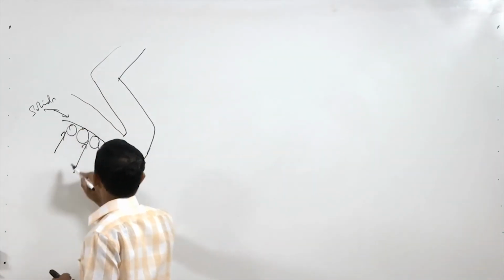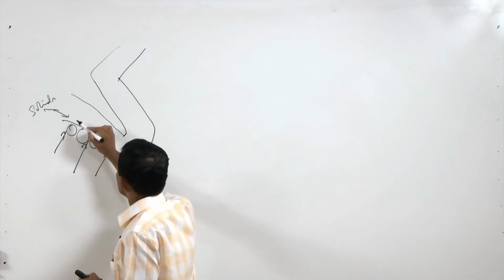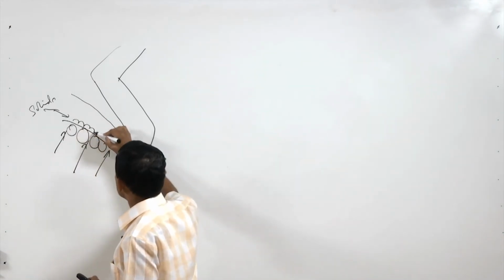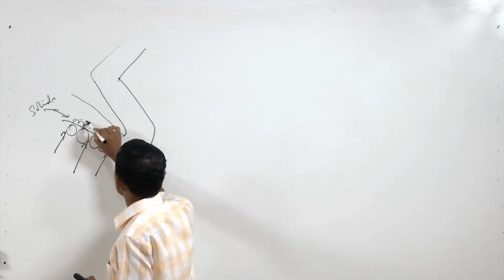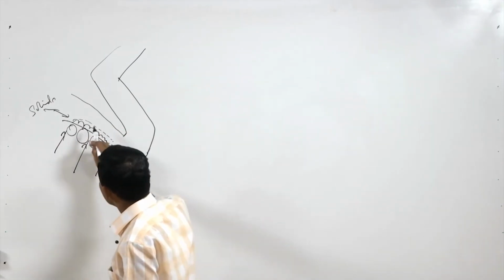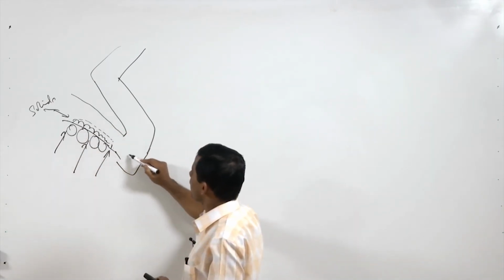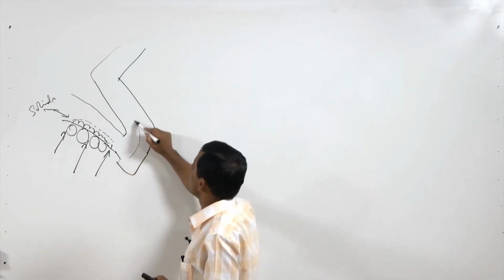So, solid is coming here, we are putting it here. Solid is moving in this direction, air is also moving in this direction. So, it is moving in parallel mode, and then when the combustion is completed, the gas is going off.